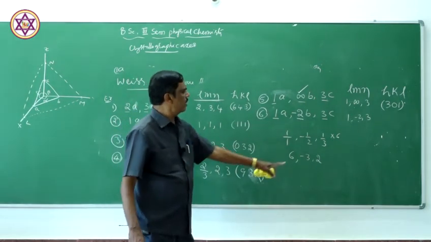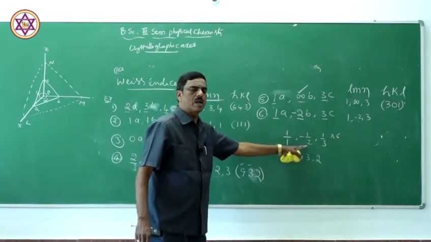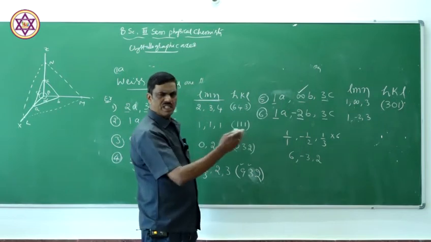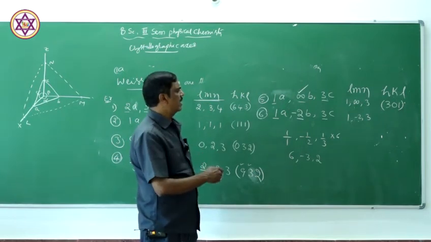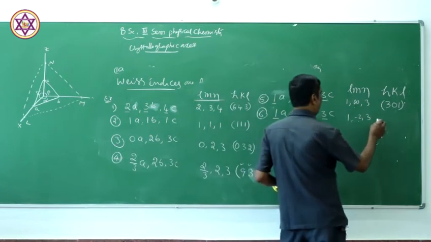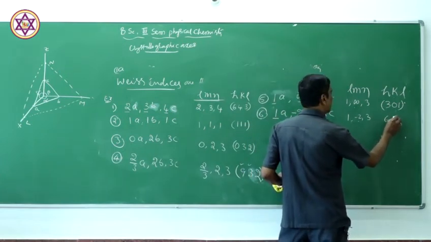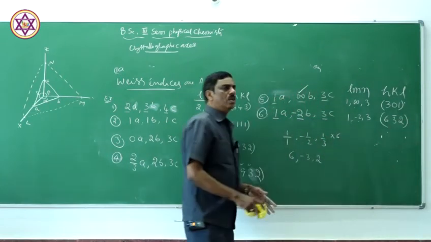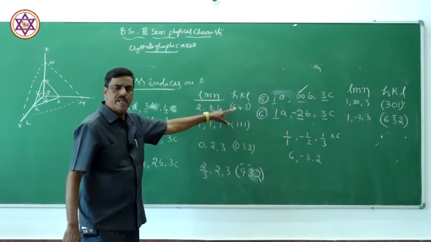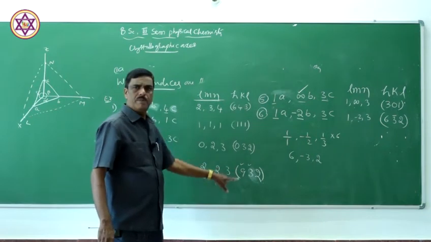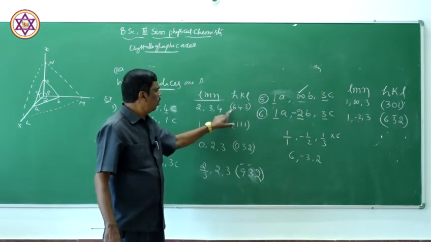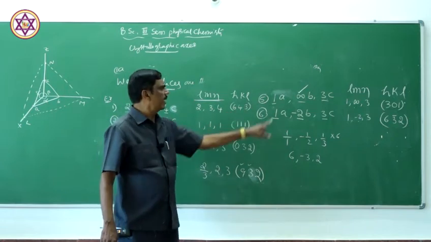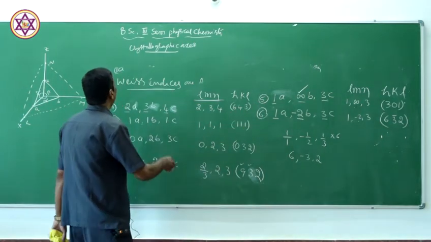The representation of this minus is 3 bar. You write a bar above 3, that indicates that the plane is towards the left hand side of the origin. Therefore, the Miller indices is 6, 3 bar and 2. Miller indices is represented by continuous numbers without separation by comma, and those 3 numbers are written inside a small bracket. This is the representation of Miller indices.